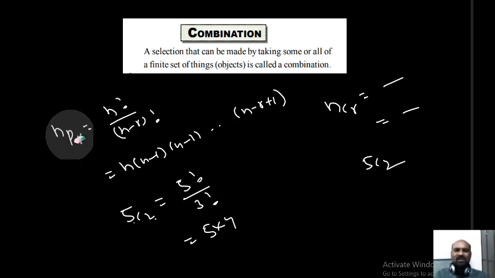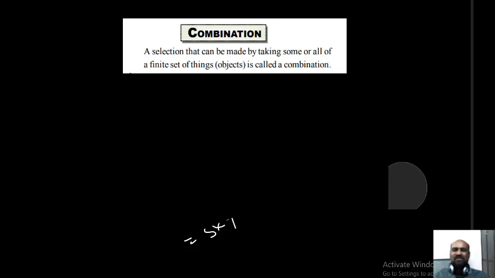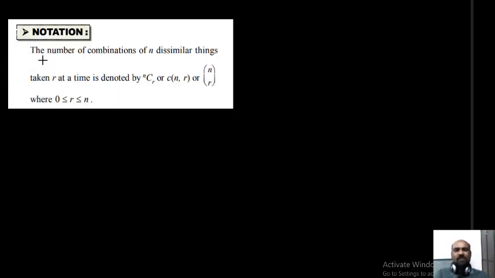So I want to explain the formula. Listen, the notation. The number of combinations of n dissimilar things taken r at a time is denoted by nCr, or C(n, r), or both.